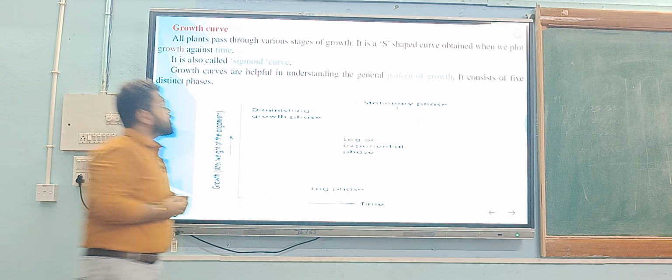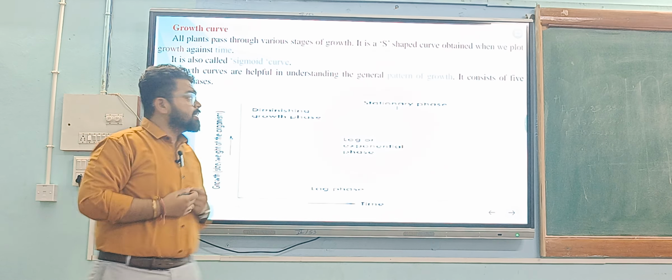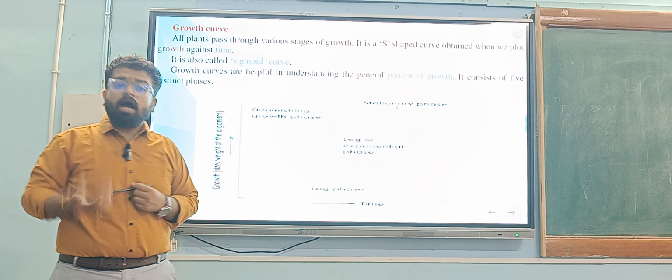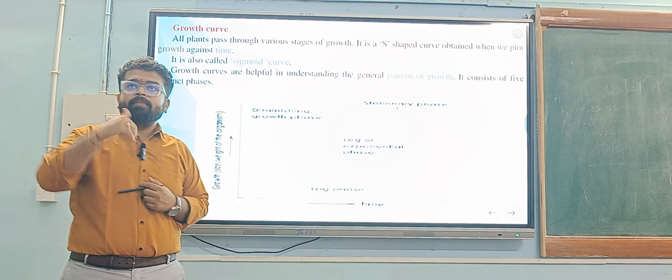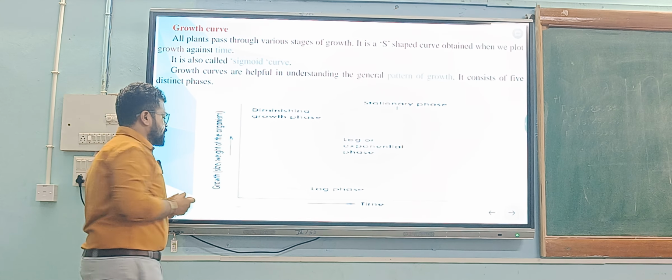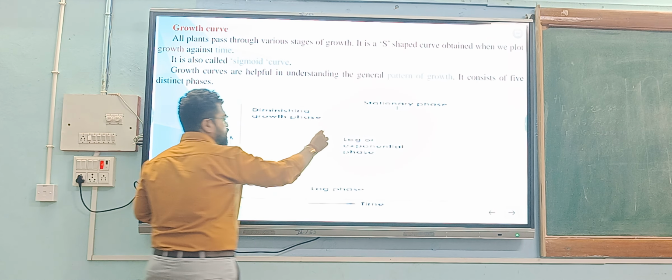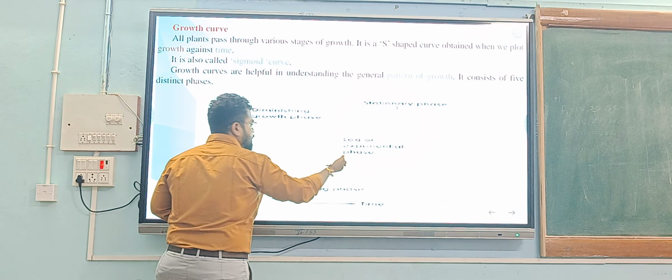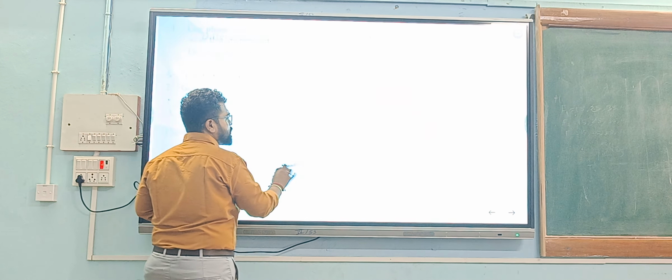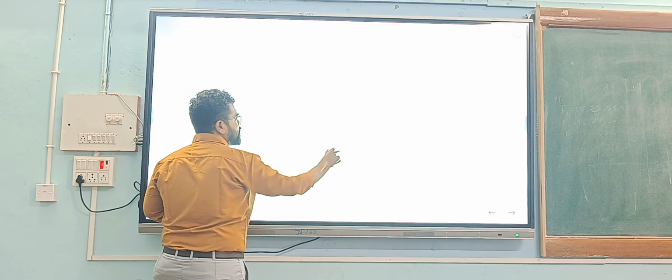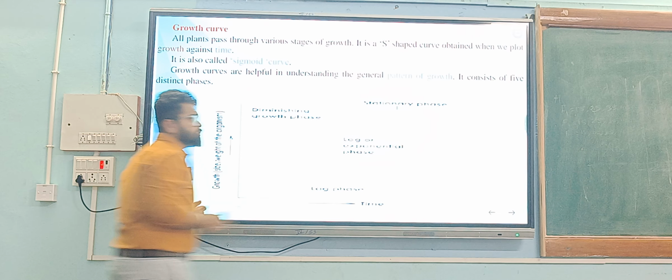The growth curve is helpful in understanding the pattern of growth. How a plant is growing can be understood by this growth curve. The first is the lag phase, after which we have the log phase, also called the exponential growth phase, and then the stationary phase.